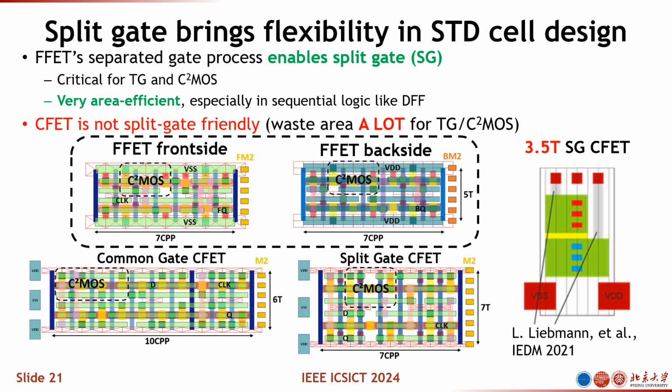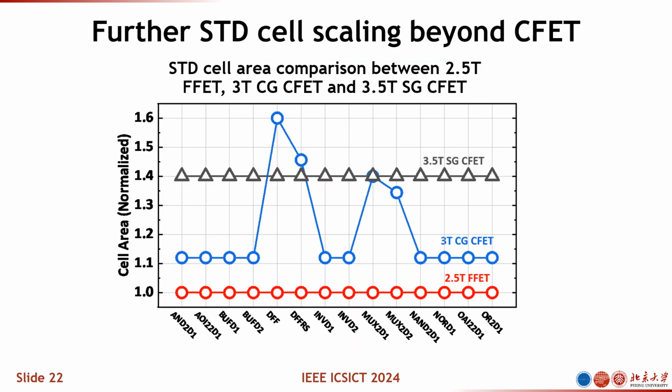Because of this, we have designed around 30 standard cells for CFET and FFET. You can see the FFET features the smallest cell area, and because of the sequential benefits, you get special benefits of the sequential logic from the 2.5T FFET compared with the common gate CFET. And this is very important.